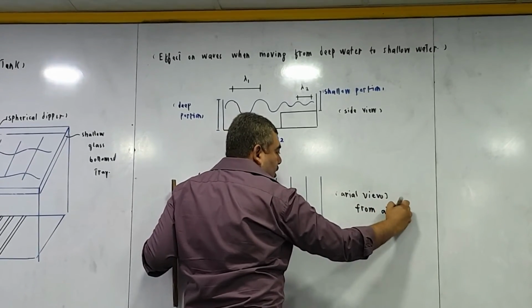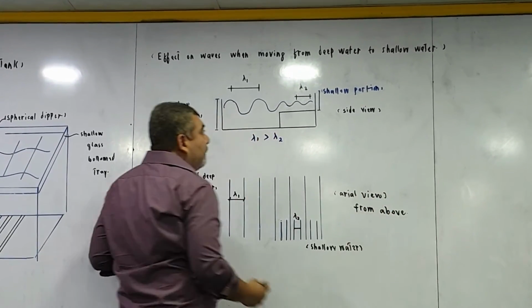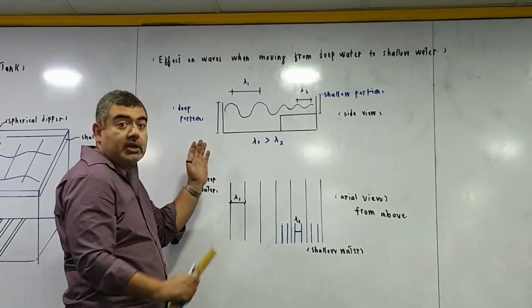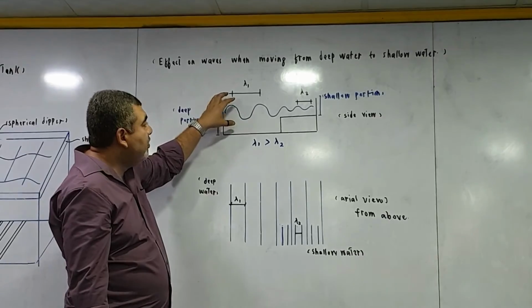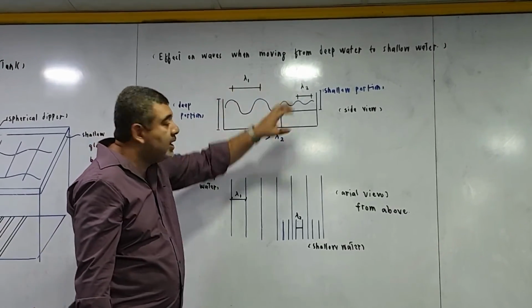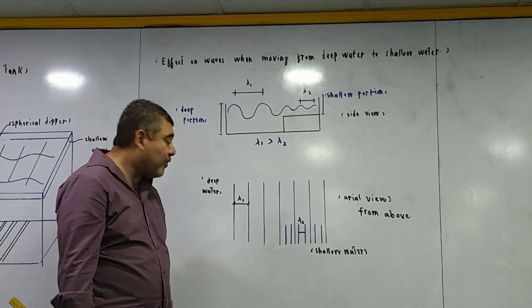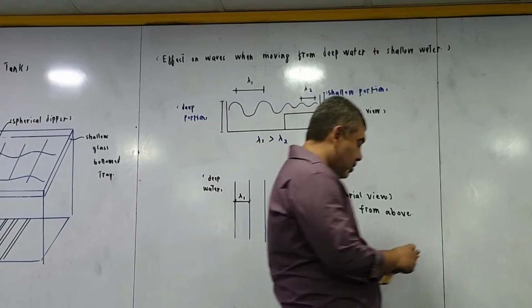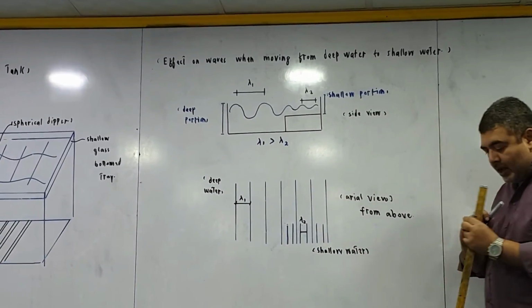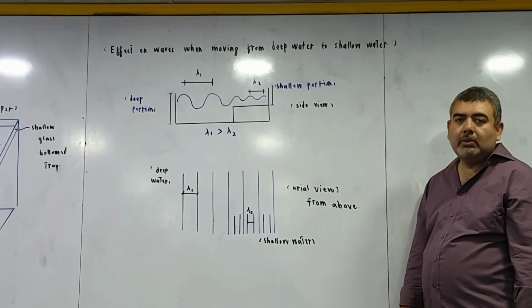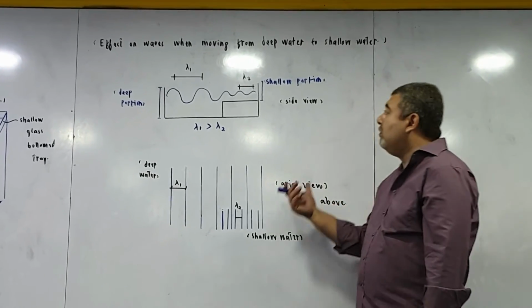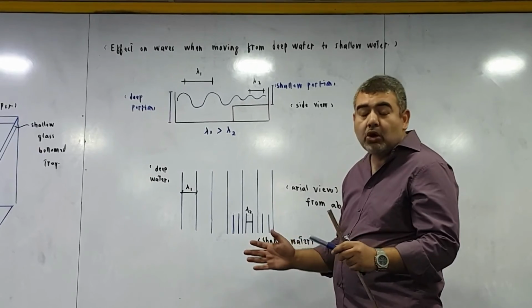So what conclusion do we get? Whenever waves travel from the deep portion to the shallow, wavelengths में फर्क क्या आएगा? वो long wavelengths से short wavelengths हो जाती है. And what will happen to the velocities? We have an equation, v is equal to lambda f. So velocity and wavelengths को अगर हम link करें, if we have short wavelengths, velocity gets slower.